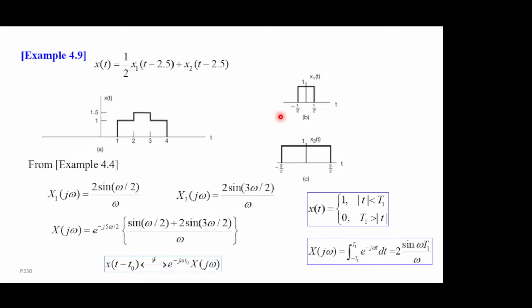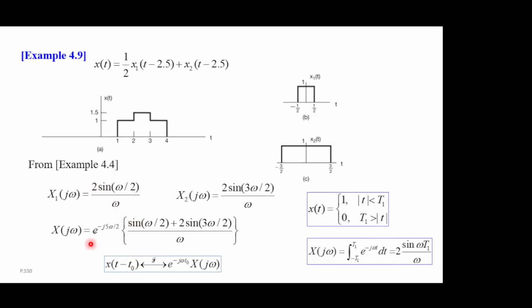And we know the Fourier transform of those square wave functions is these two sinc functions. They have two different widths, so you have a little difference in the coefficient of the sinc function here. And you just do all the formula. So x1 has Fourier transform this thing, and x2 has Fourier transform this thing. The total has a Fourier transform being the linear combination of those two, with the 1/2 here.